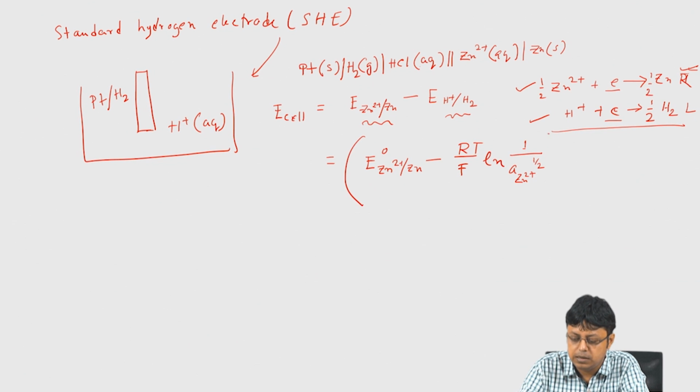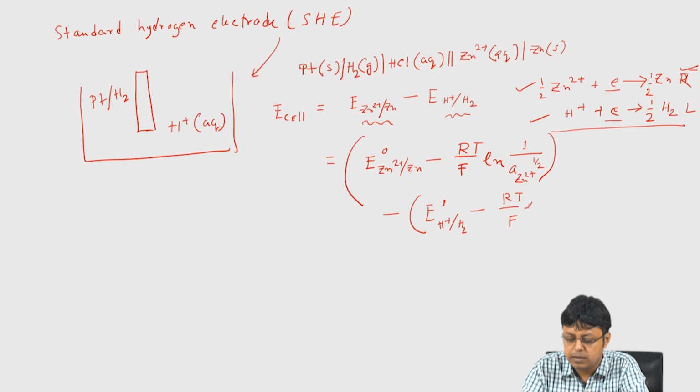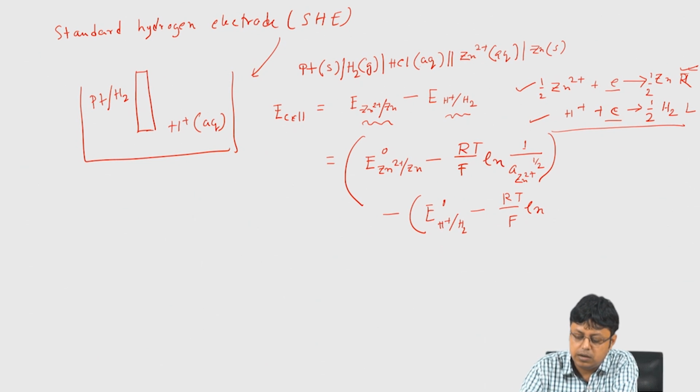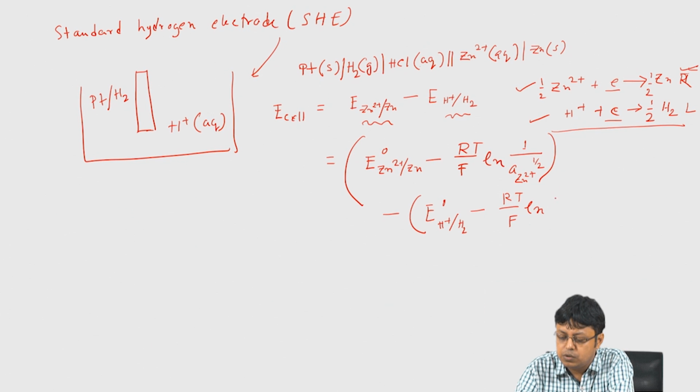So, this will be the E right. Minus, we will have E left, which we can write in a similar way as R T by F ln. Now, it is the activity of H 2, but H 2 we have taken for this electrode as 1 bar, so we can write that also as 1 because it is in a pure state already, and divided by the activity of H plus.